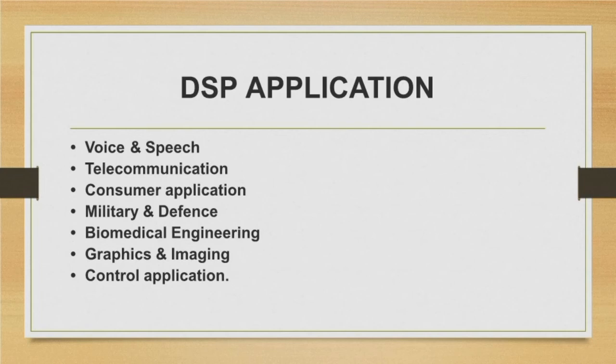Consumer applications: here we can use digital audio, video mixer, music composer, or music synthesizer. Even toys come under consumer applications. Military and defense: we can use secure communications for the military. On the defense side, you can use radar processing, sonar processing, missile guidance. This comes under military and defense.